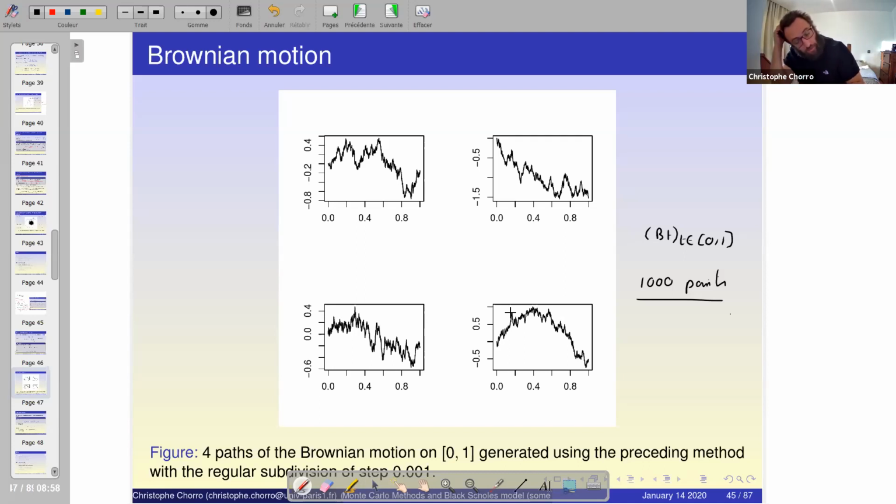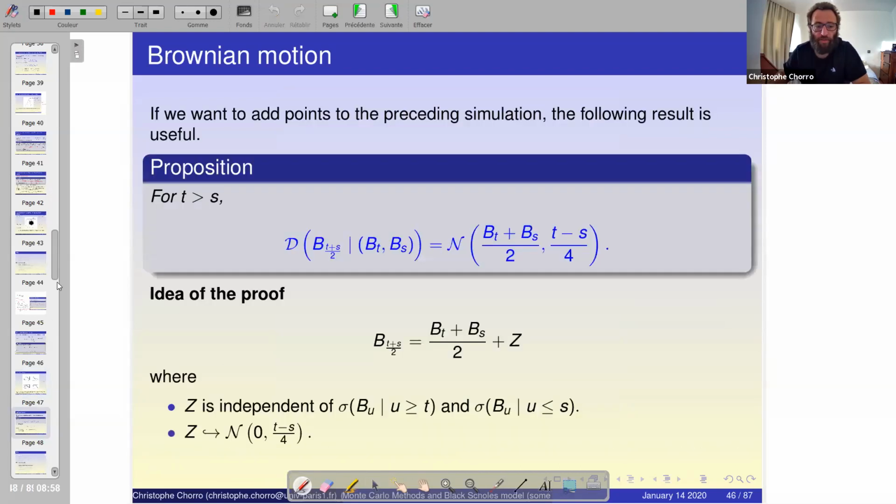Of course, it is piecewise linear. Here I start from 0, and you have the erratic behavior of the Brownian motion. I use only 1,000 points, but it is possible to be more precise and to use more and more points. So I can drop this one, that won't be used in this course.